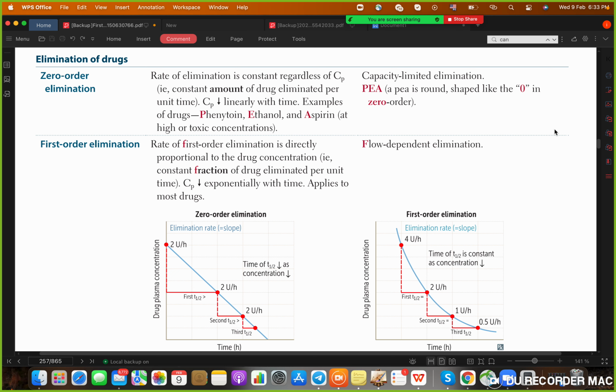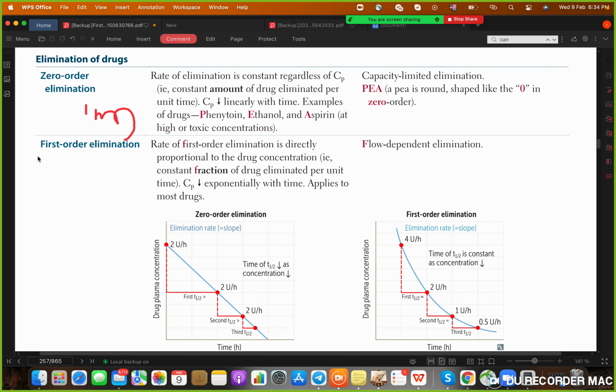This is important because, for example, I'm losing 1 milligram per hour. What if I have 1,000 milligrams in my body? You lose 1 milligram per hour. What if I have 100,000 milligrams in my body? You still lose 1 milligram per hour. So you are losing a constant amount. It's not a percentage.